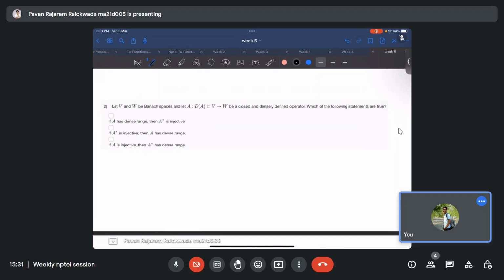Question number 2. V and W are Banach spaces. A is a closed and densely defined operator from the domain of A, which is a subset of V, to W. Sir also explained some properties of this kind of operators in the lecture videos: null space of A is the same as range A star perp, and null space of A star is the same as range A perp.